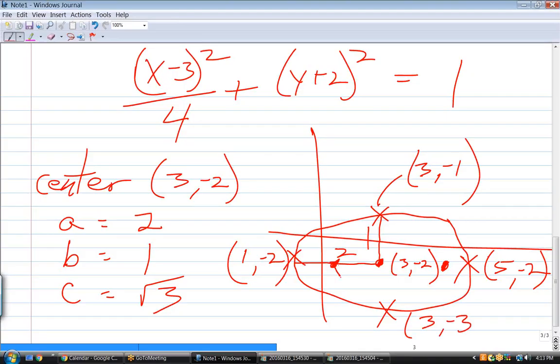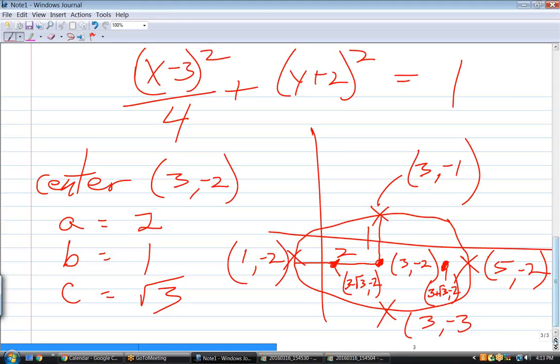And the foci, this foci and this foci. It would be 3 minus √3, -2, and 3 plus √3, -2. Yeah, and those kinds of answers are exact.